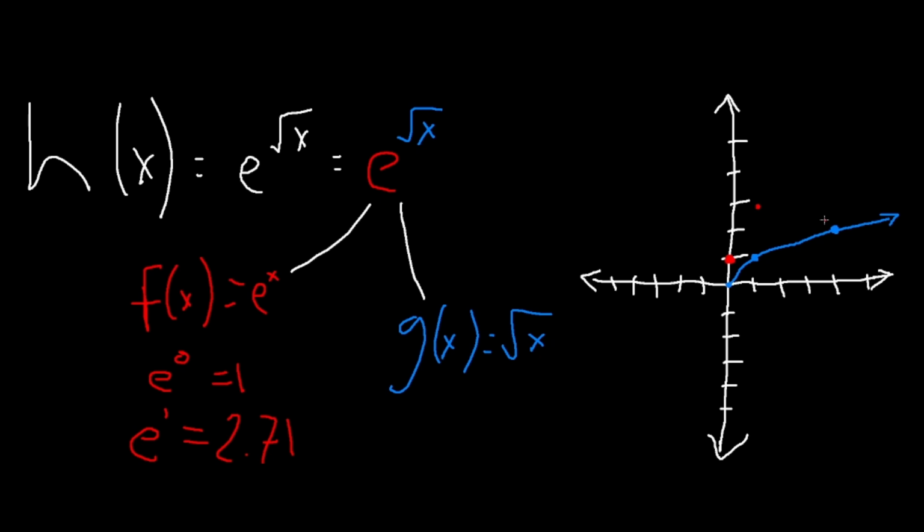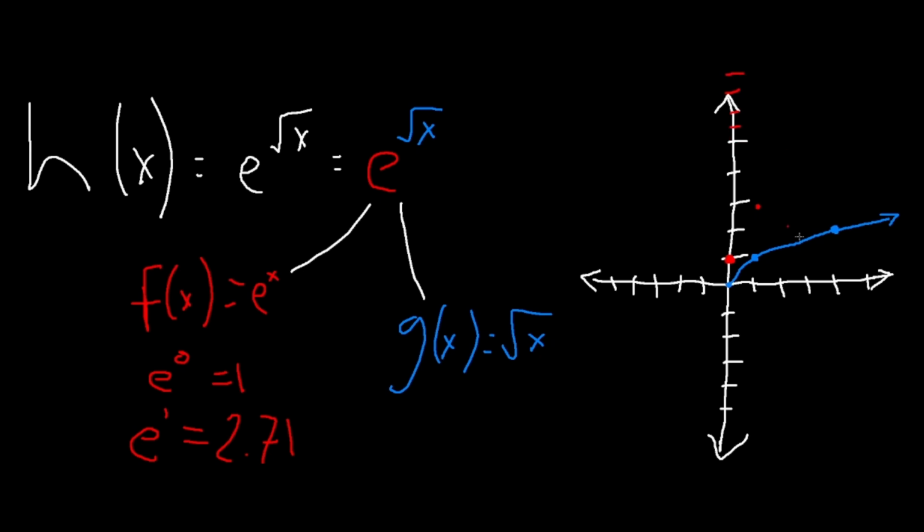So if we were to do e squared, just using my calculator here, it is going to equal 7.389. So we'll call it 7.39, and it would be around 5, 6, 7, 8, 9. I'm just adding some more lines.